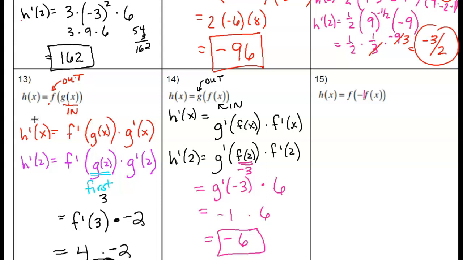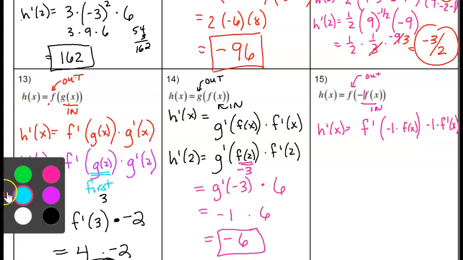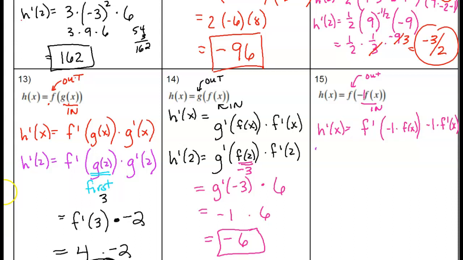There we go. All right, this is like a negative 1 if you want to think of it that way. It's just being multiplied. So this is on the outside and this is on the inside. So our derivative, we start by taking the derivative of f. The inside stays the same. I'm going to write it like this to help. And then the derivative of the inside is negative 1 times f prime of x. Okay? So let's do that. So h prime of 2, f prime of negative 1 times f of 2 times negative 1 times f prime of 2.